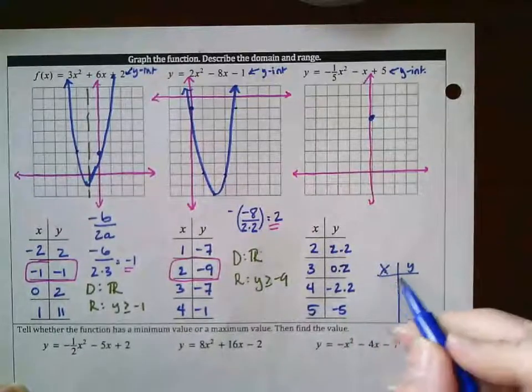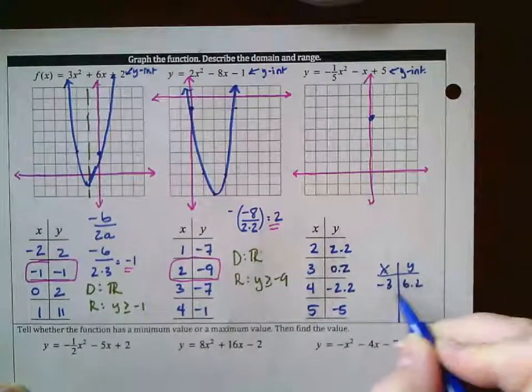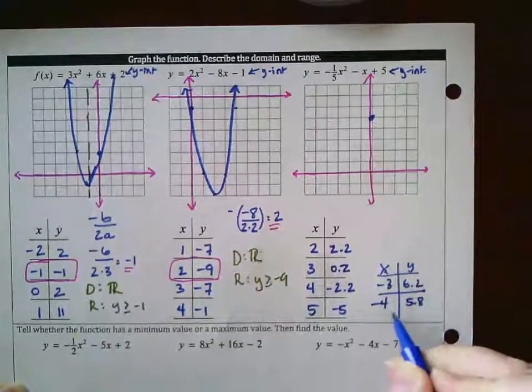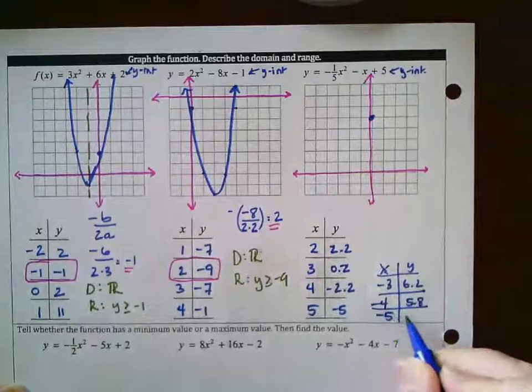So -3, 6.2, and then I did -4, 5.8, and -5, 5.